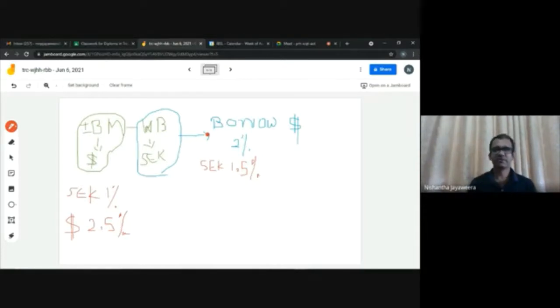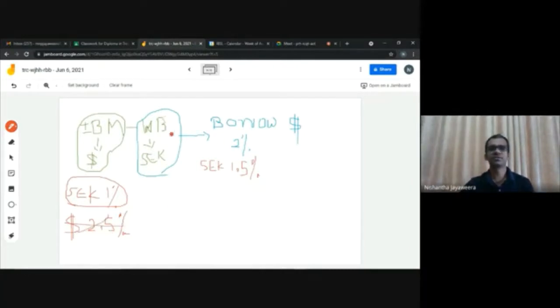But instead of doing any of these, what they can do, IBM can borrow Swedish krona at 1%. They are not going to borrow dollars. World Bank is going to borrow dollars in the US market at 2%.